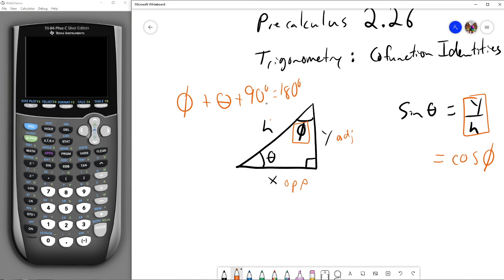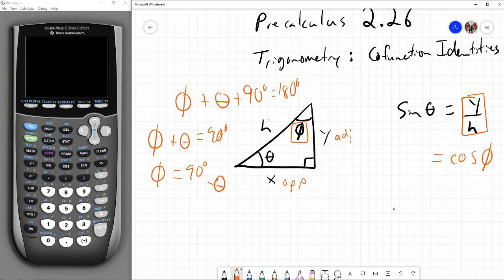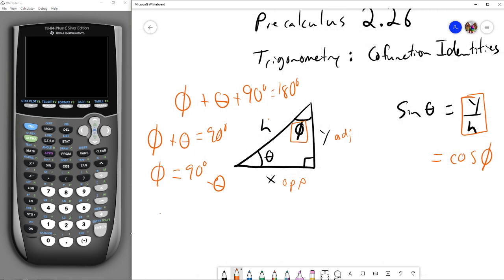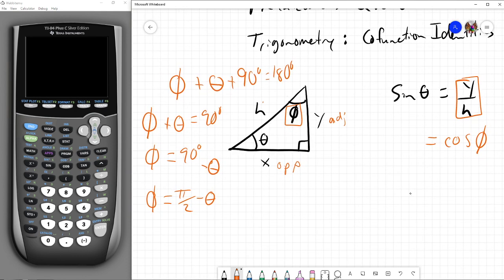So if we subtract 90 degrees from both sides, that tells us that phi plus theta is equal to 90 degrees, or that phi is equal to 90 degrees minus theta. So if we now put it in terms of radians, phi is going to equal pi over 2 minus theta. That is the cofunction identity.